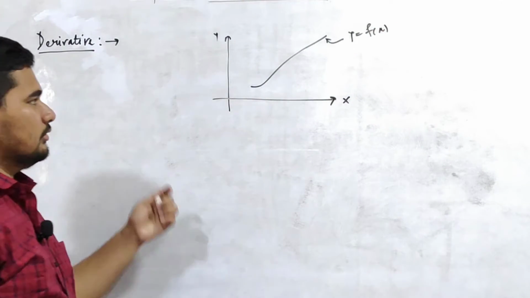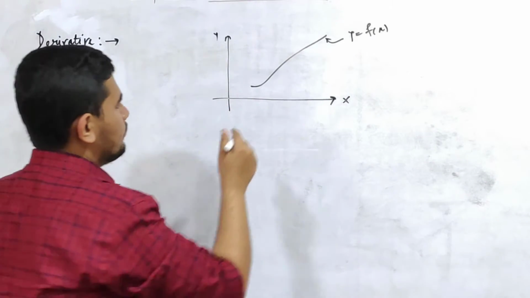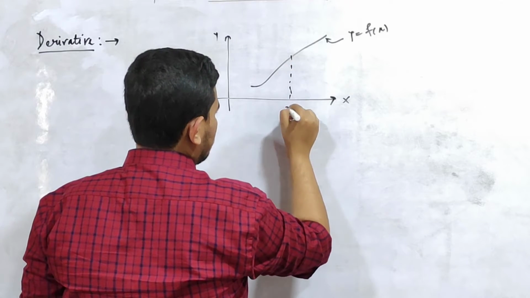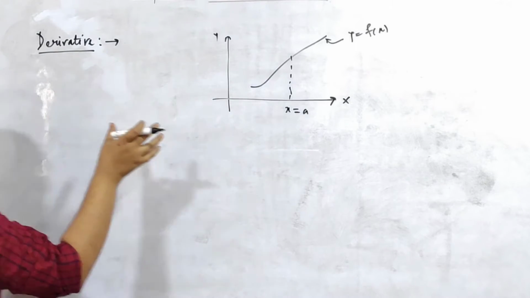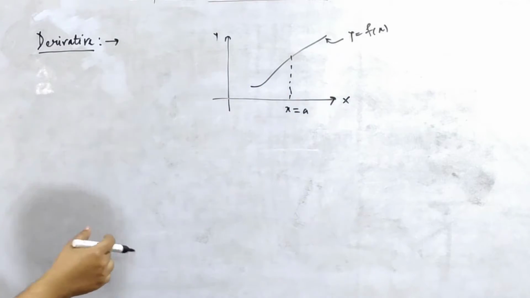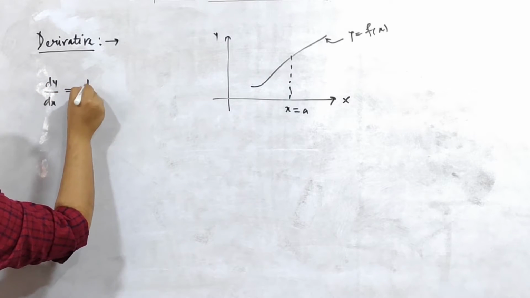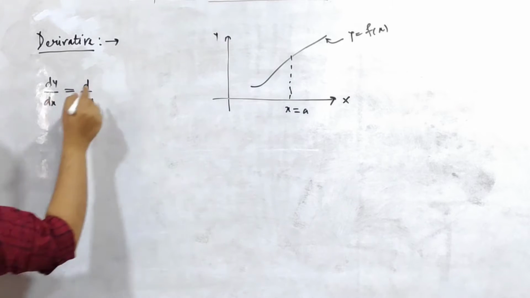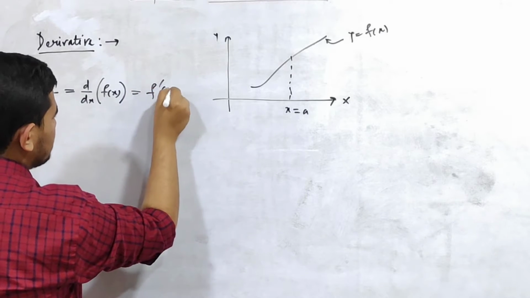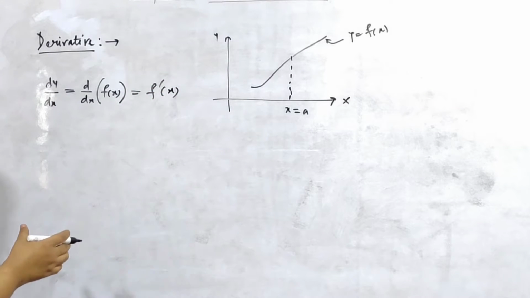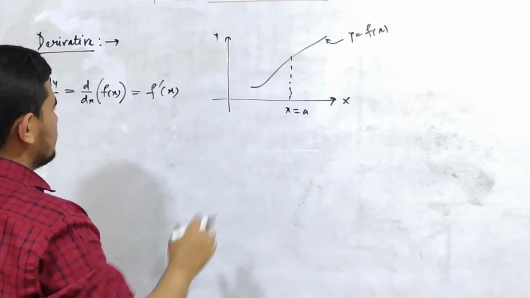To define a derivative of this function at any point, like x equal to a, I can write the derivative of y equal to f(x) as dy by dx, or d by dx of f(x), or f dash x. These are the nomenclatures we normally use to define the derivative of any function.